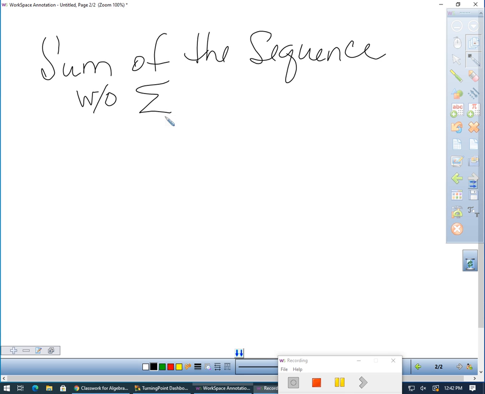The first formula is if it is arithmetic. We're going to use the formula n times (a sub 1 plus a sub n) divided by 2.